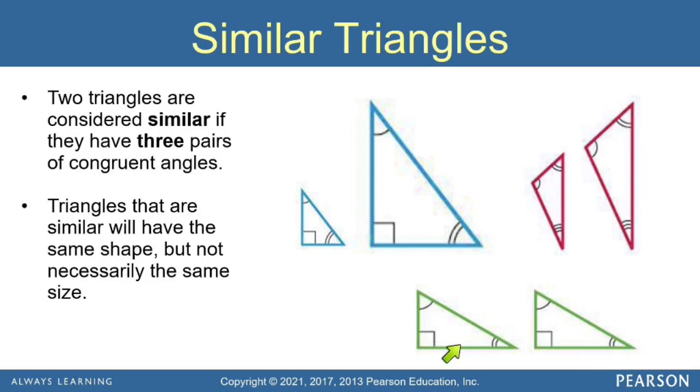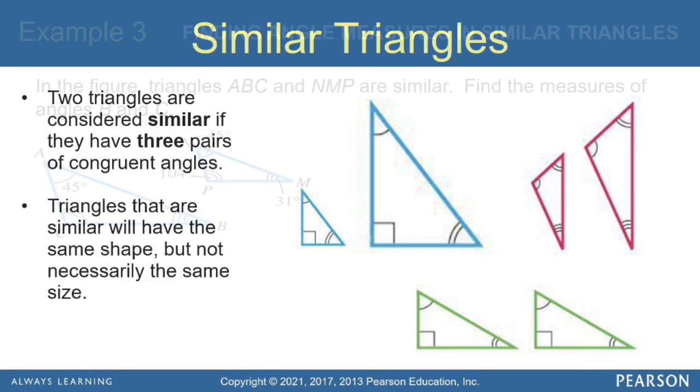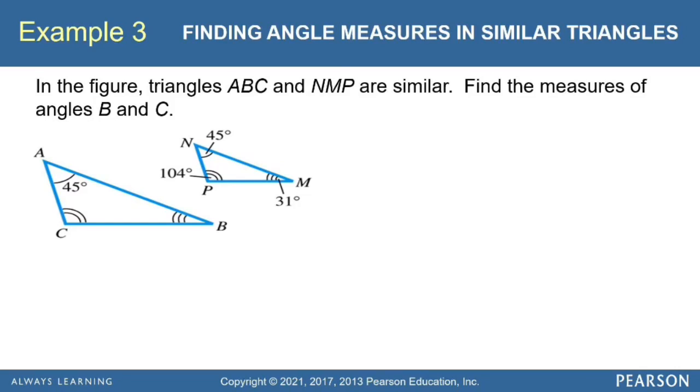These two happen to be exactly the same size as well, so they are not only similar, they're actually congruent. These two are not congruent because they're not the same size, but they are the same shape, so they're called similar.